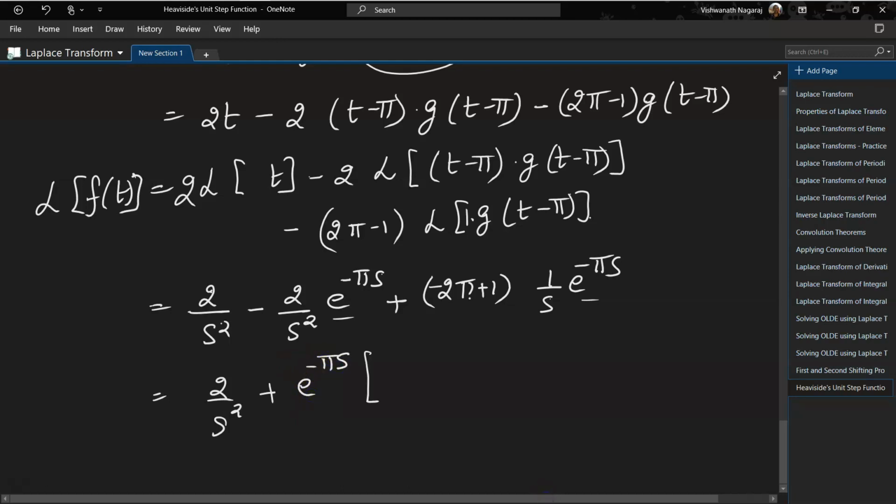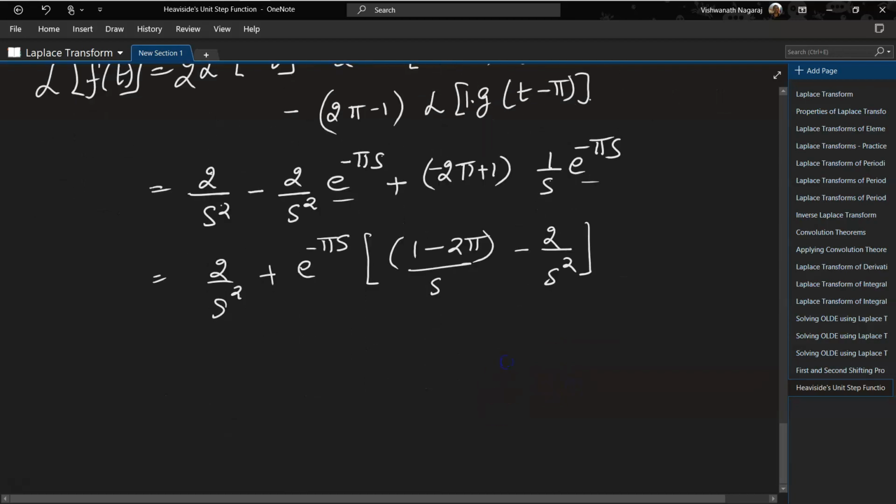Since this is plus, let's write this first. We can write this as (1 − 2π)/s² minus, now this part, 2/s. Now this is not s², this is s. Okay, 2/s². Now let's take s also common, plus e^(−πs)/s².